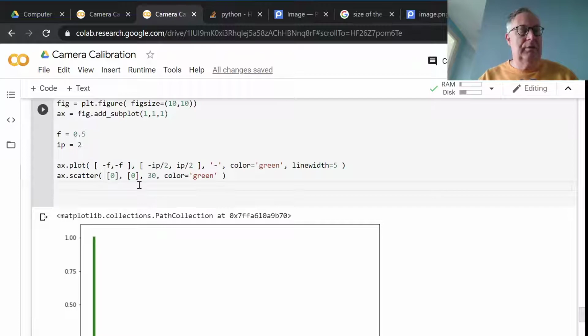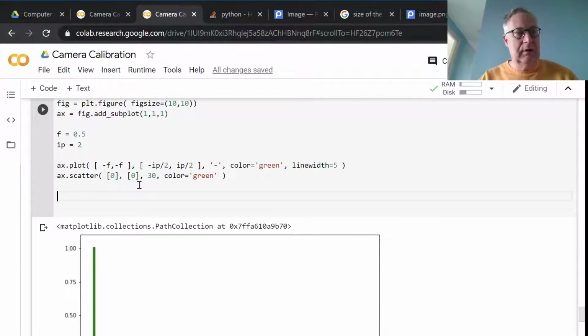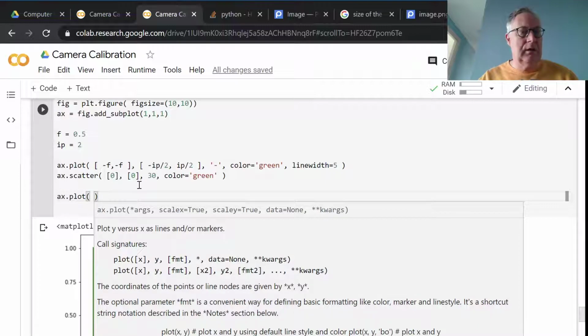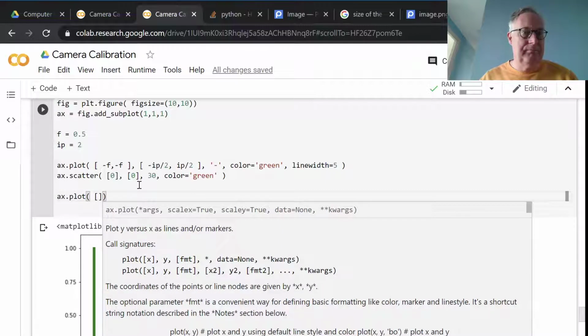And now let's put some objects in front of the camera. Let's draw a square.